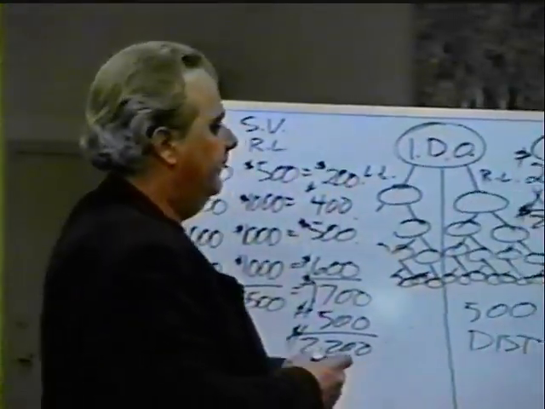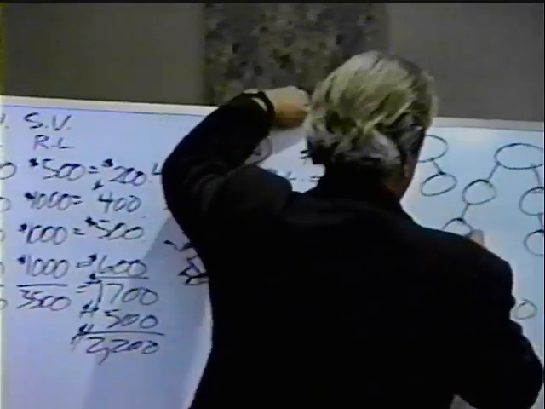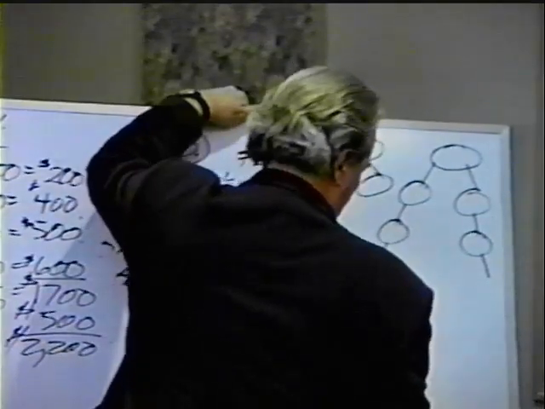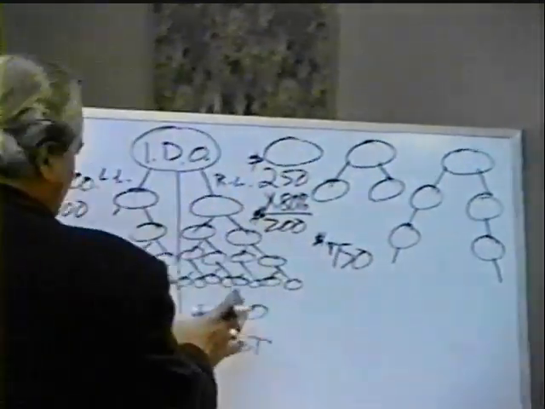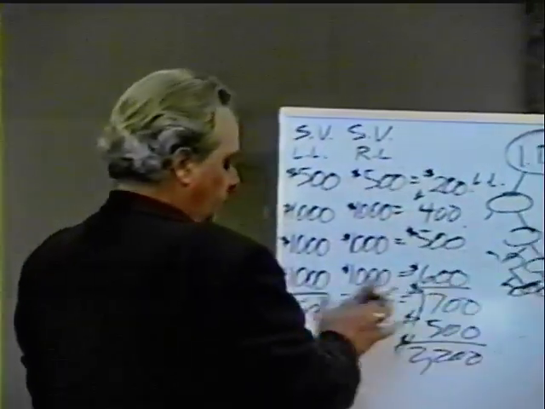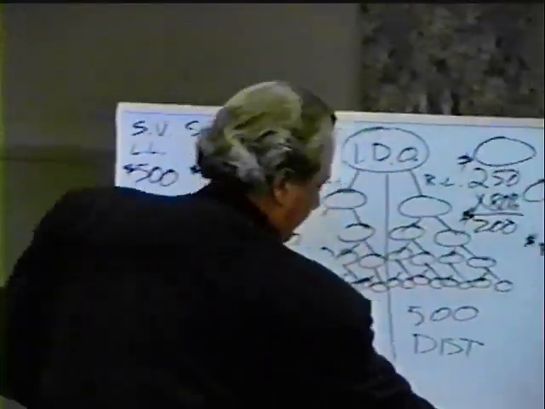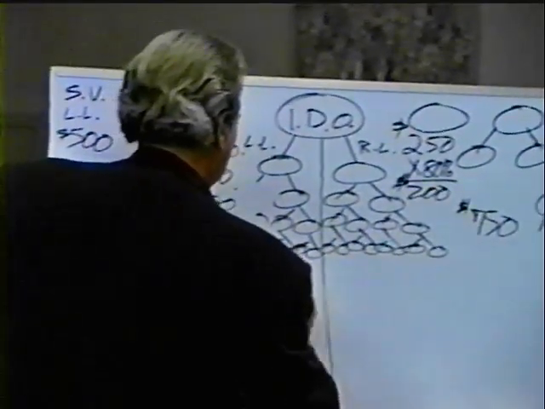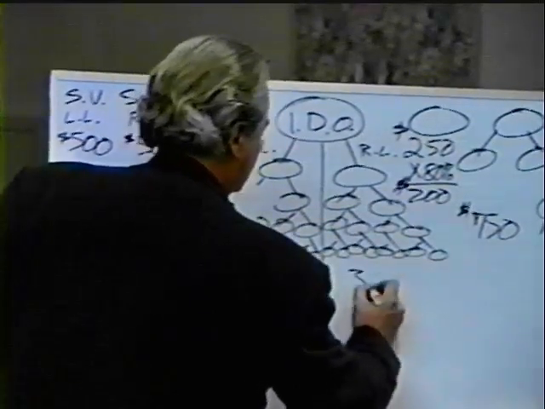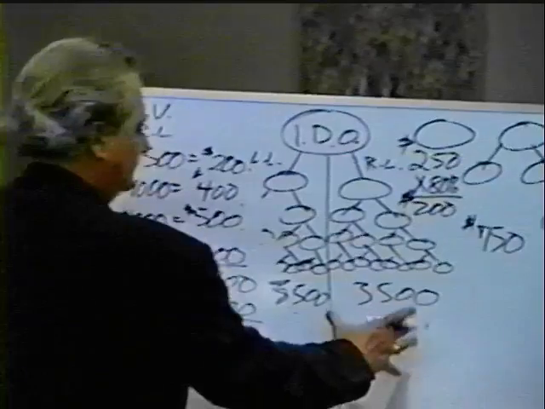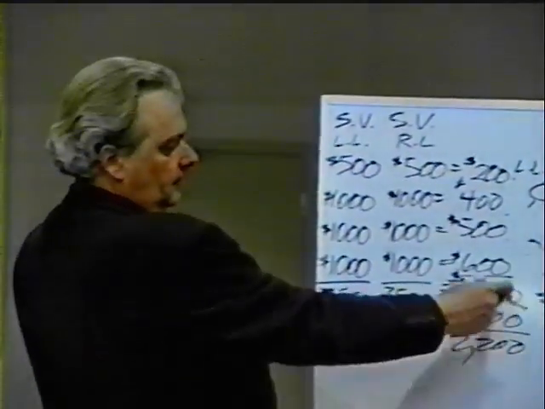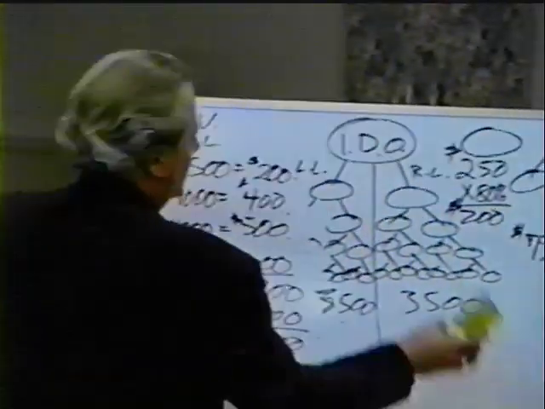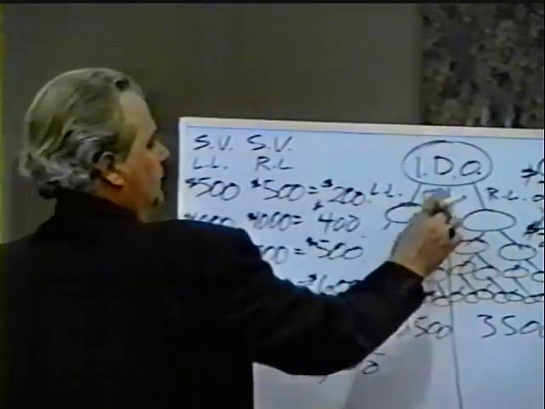So here's the great advantage of the multiple IDOs. I showed you over here how with $3,500 in sales volume on the left, and $3,500 on the right, you had a $1,700 check. Now let's change this, and I also used the example of 1 IDO here.